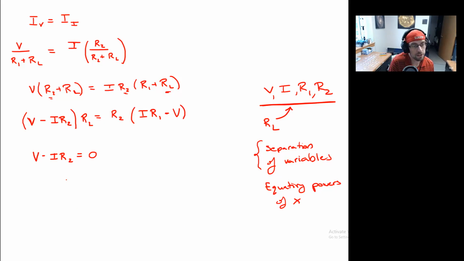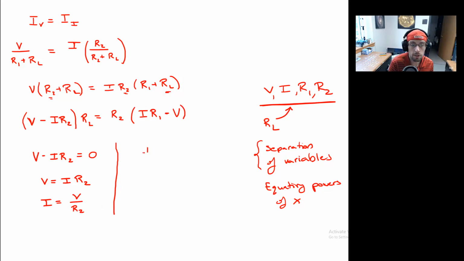So what does this tell us? This tells us that V must be equal to IR2. In other words, if I want to replace my potential supply with a current supply, the current supply value must be the potential supply divided by R2. But wait, there's more, right? If the left side of the equation is 0, that must mean that the right side of the equation has to also be 0.